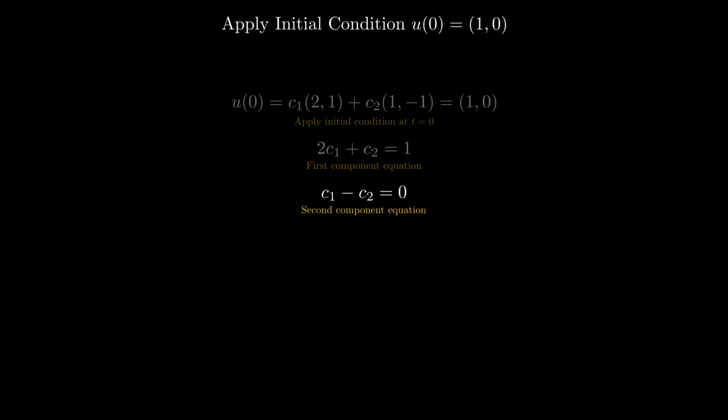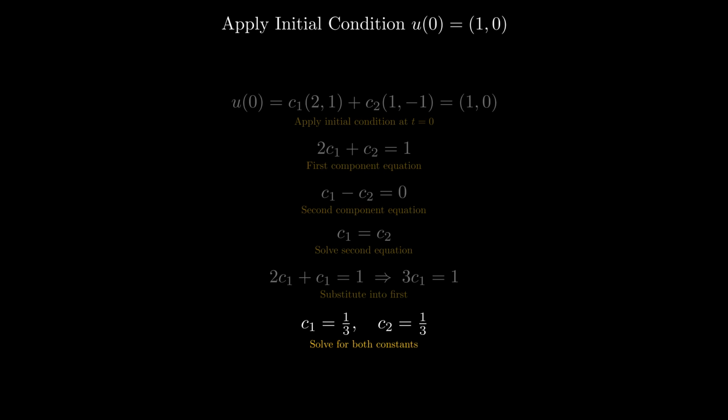The second component reads c1 minus c2 equals 0. From the second equation, c1 equals c2. Substituting into the first, we get 2 c1 plus c1 equals 1. That is 3 c1 equals 1, so c1 equals 1/3. Therefore, c2 also equals 1/3.